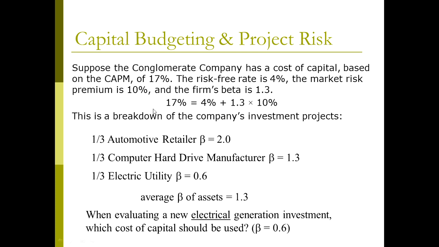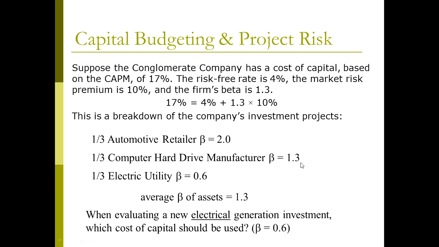Okay, so the company's overall beta is 1.3. But there is a breakdown of the company's investment projects. The company invests in 3 completely different areas. 1/3 of the projects are in the automobile retailer industry. The beta is very high, 2. 1/3 of the investment projects are in the computer hardware industry.